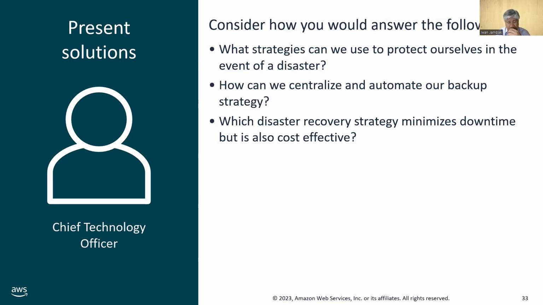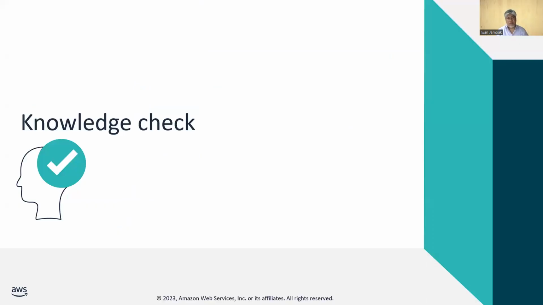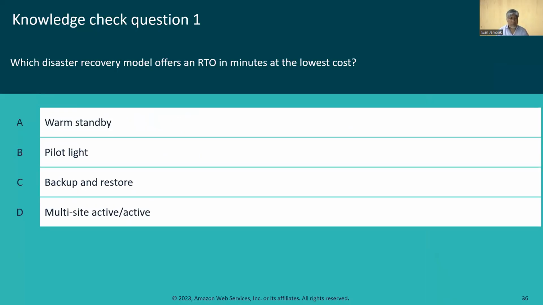We have the recovery strategy, we have the recovery plan, we can have the centralized backup, and then we can decide whether to have pilot light or warm standby, or the other one, active active. So that's all, and let's do the last knowledge check here.